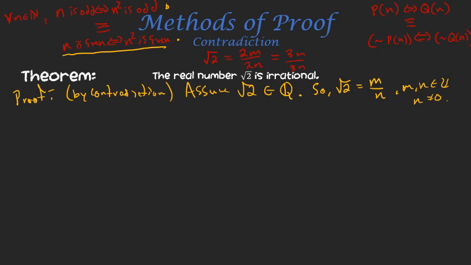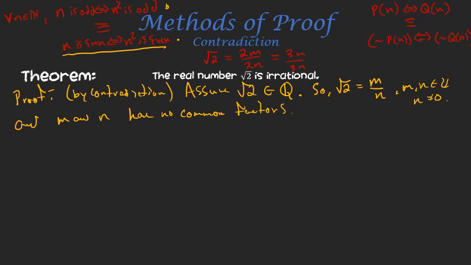So I'm going to state that here: square root of 2 equals m over n, and m and n have no common factors. The idea being that if they do have common factors, cancel them out and change your m and n to those. And just keep doing that.